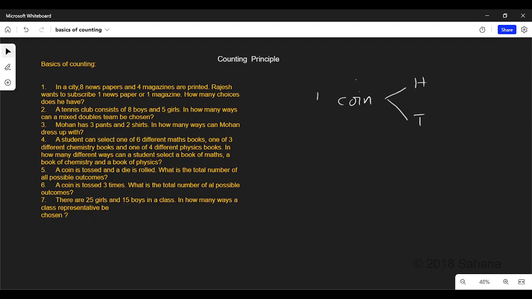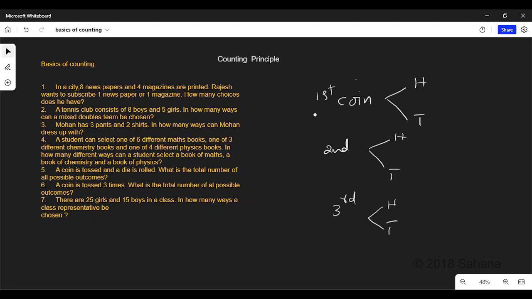If I do it a second time, again I have 2 options, I may get head or tail. Even for the third toss, each time I get 2 options. I'm tossing 3 times, therefore 3 into 2? Not so.